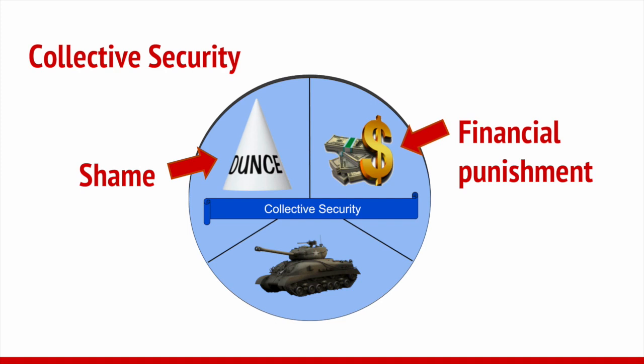And then finally, last but not least, when a nation decides to break from the League of Nations, the other nations can choose to use a military option to bring them back into line.